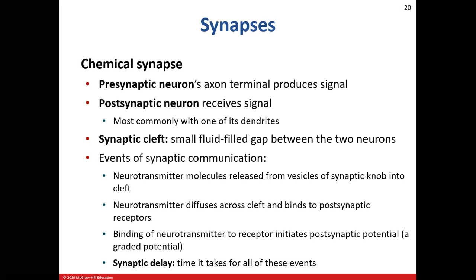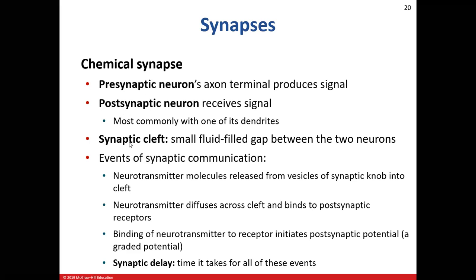The postsynaptic neuron receives the signal from the presynaptic neuron, most commonly with one of the dendrites on the postsynaptic cell. You'll notice we have some terminology here. Presynaptic means before the synapse. Postsynaptic refers to after the synapse.